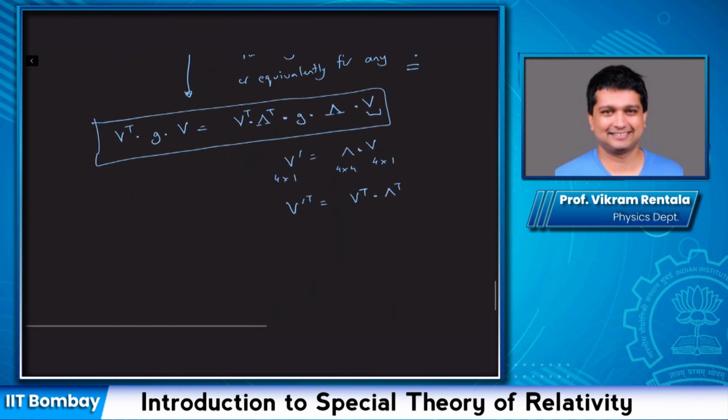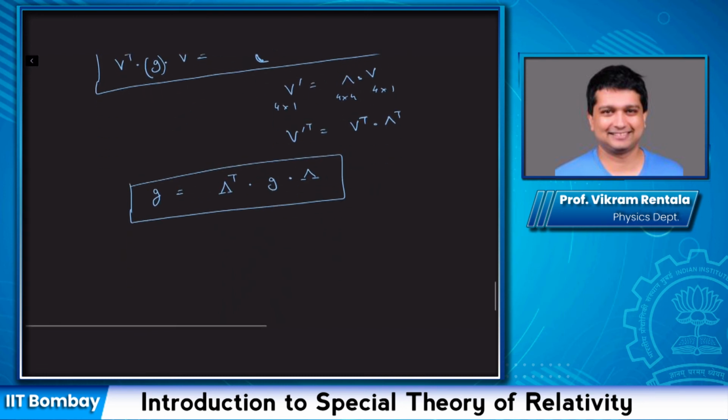Or equivalently, if I write it in this way, okay, matrix products are associative, so I can group them any way I like. So let me perform this set of multiplications first. And what that tells me is that since this relation, the left-hand side and the right-hand side, are equal for any choice of V, you can just compare these two expressions and say that we want transformations such that G is lambda transpose dot G dot lambda.